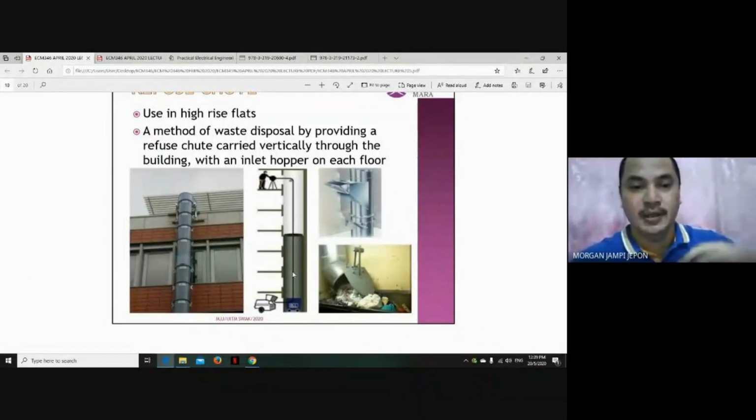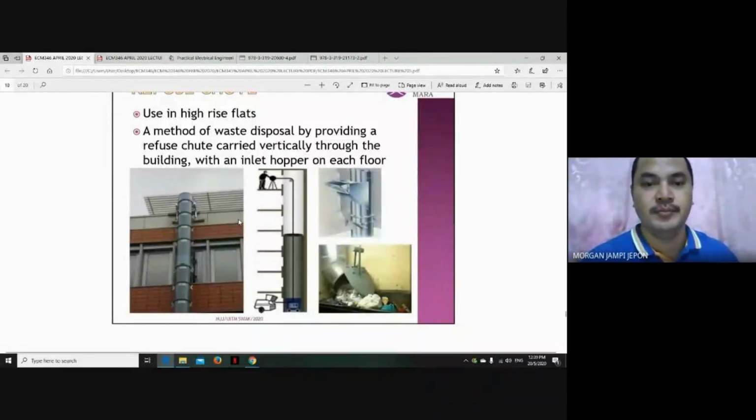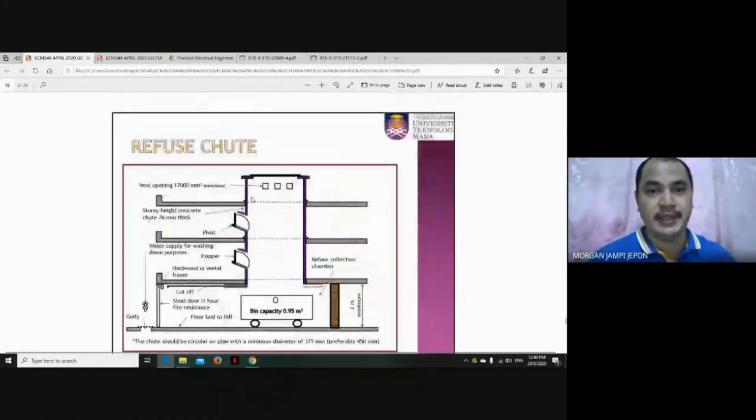So the lorry or the waste vehicle will suck this rubbish, okay, from one collection chamber. So that is called Technocum. This one is actually used in Sweden, but other countries are unknown to use this system. All right, the system is called Technocum. All right, move on. Sanitary incineration.